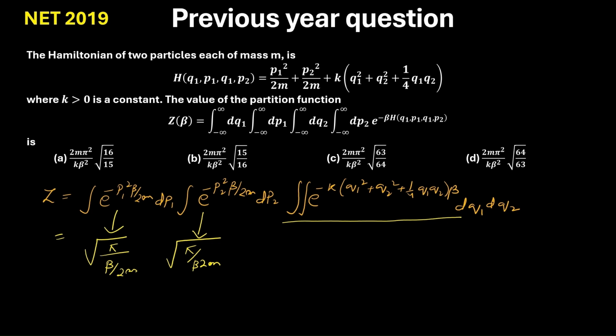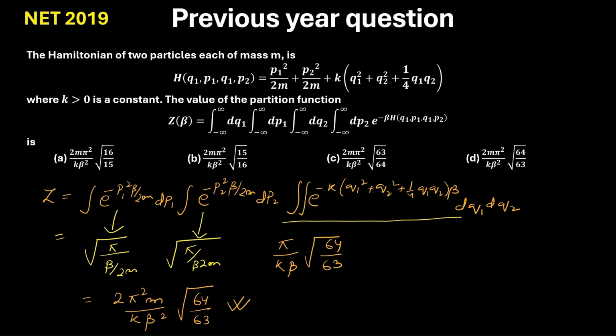So if you do that integration, you'll get pi by k beta root over 64 by 63. So if you compile all this, you'll get 2 pi square m divided by k beta square root over 64 by 63. So this is the answer. So it is matching with option D. Thank you everyone for watching this video series on partition function.